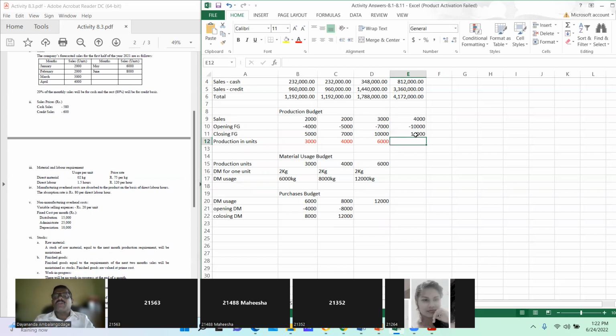So that working is required for us to calculate the month of April production requirement, which is 8,000. So thereby this 8,000 is here. I'm just putting here, and if you multiply it, it's 16,000 kg. Of course, that is a working which is not required when preparing the budget.